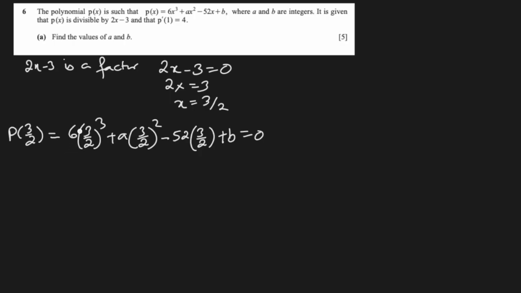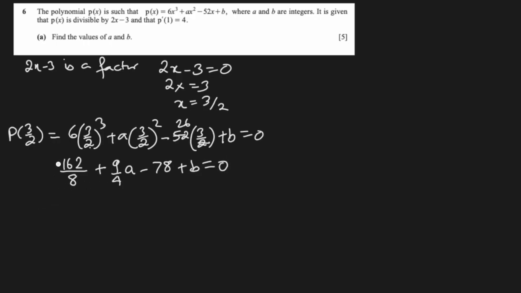So 27 times 6 will be 162. Yeah, and 2 cubed is 8. You can use a calculator if you don't understand how it happened. Plus 3 squared is 9 over 4 a. 2 can cancel with this. We get 26 times 3 is 78. Plus b equal to 0.